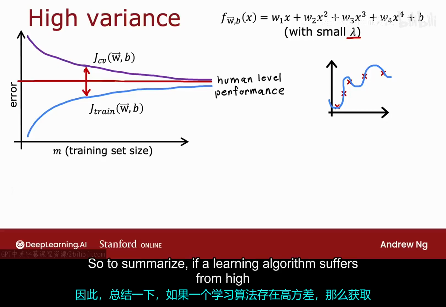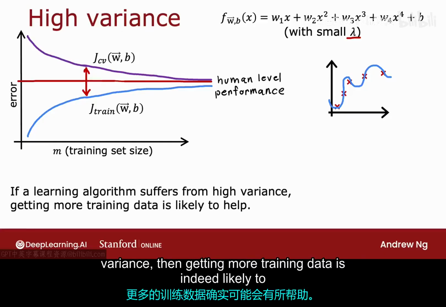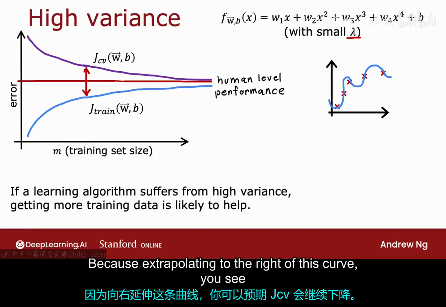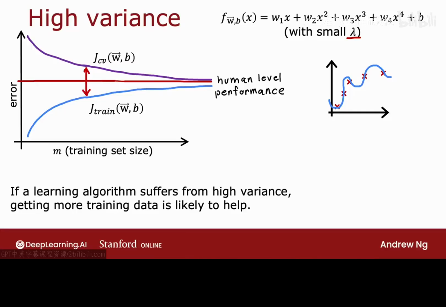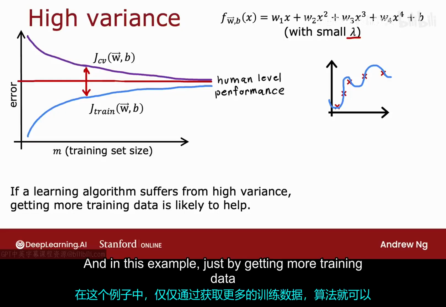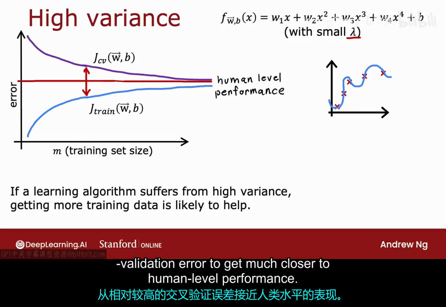So to summarize, if a learning algorithm suffers from high variance, then getting more training data is indeed likely to help. Because extrapolating to the right of this curve, you see that you can expect J CV to keep on coming down. And in this example, just by getting more training data allows the algorithm to go from this relatively high cross-validation error to get much closer to human level performance.